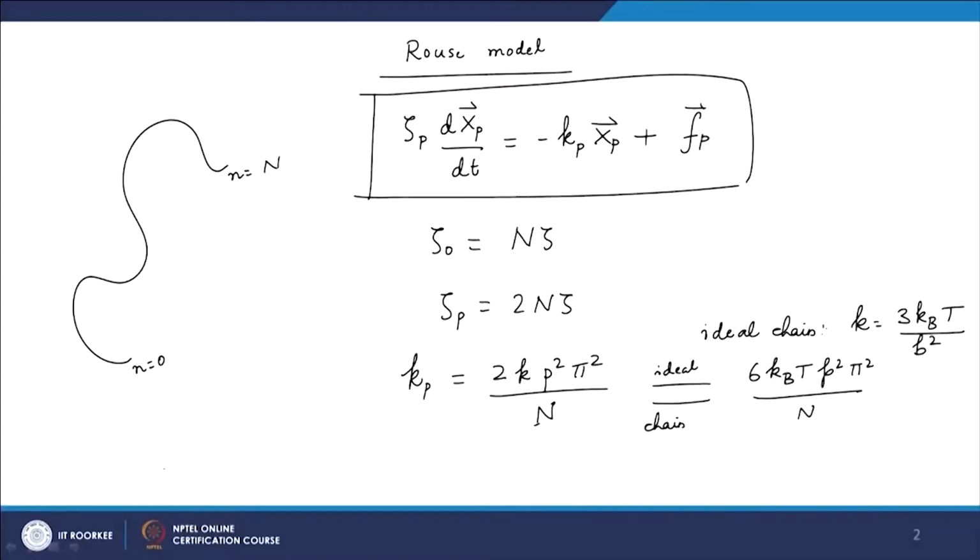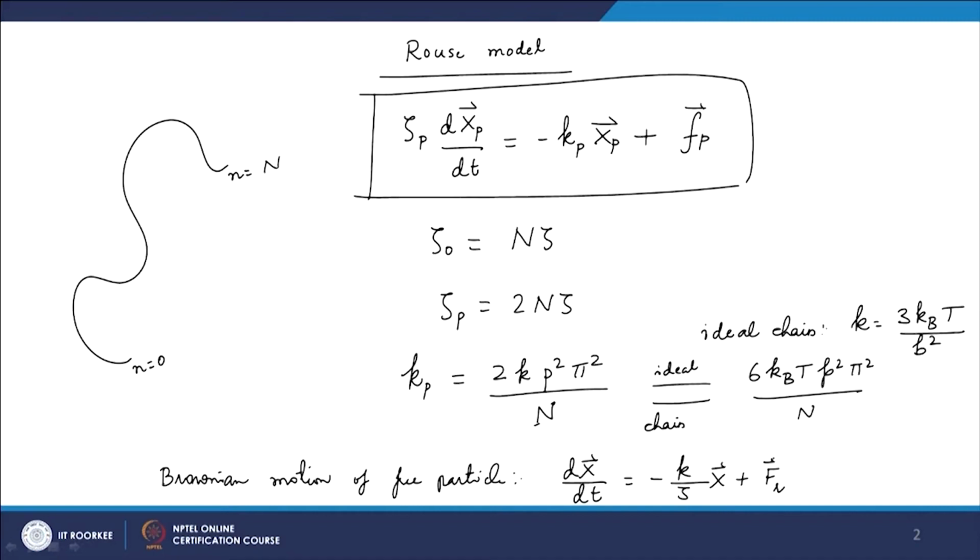The one clear thing you can see from here is, if you recall the Brownian motion of a free particle, the equation we had was of this sort.